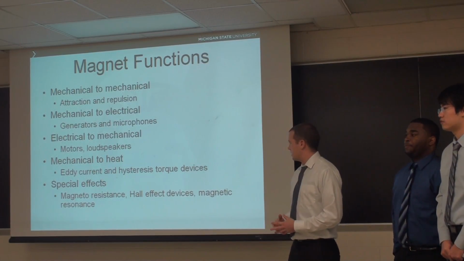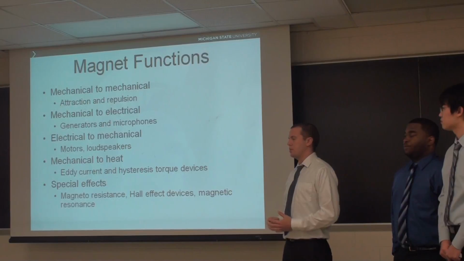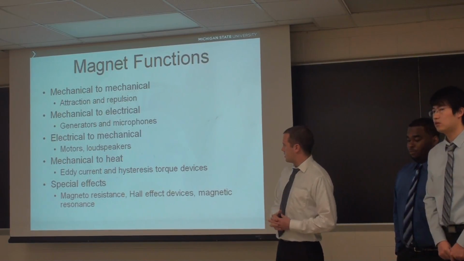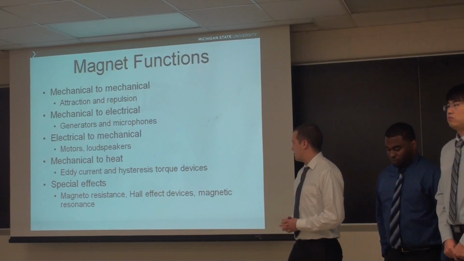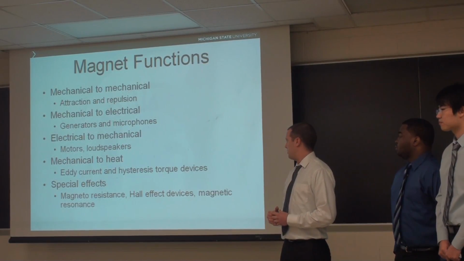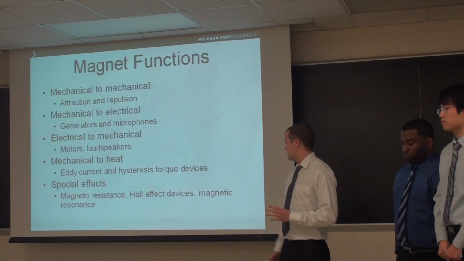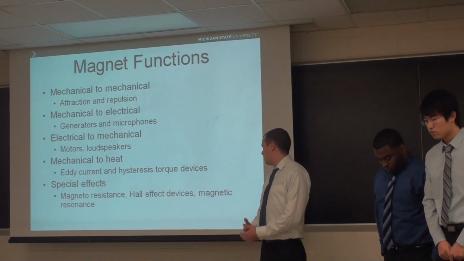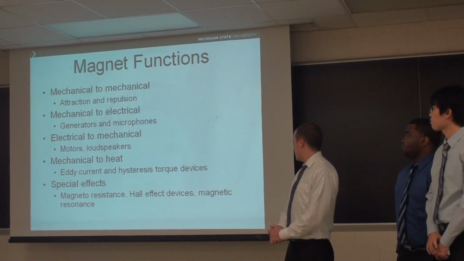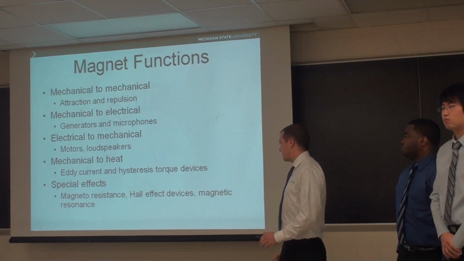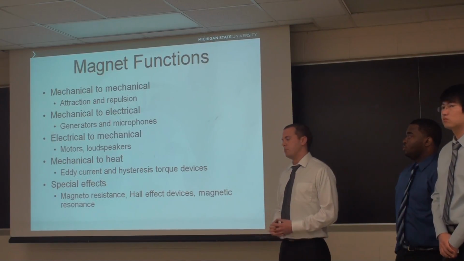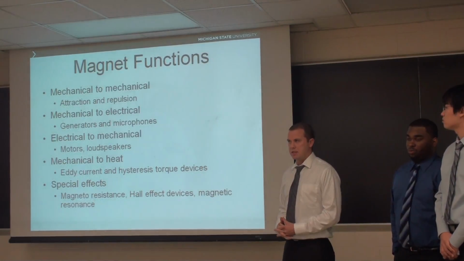Hysteresis, torque devices, brakes, some types of brakes and things like that. And then special effects that can be seen from magnets: magnetoresistance, different resistances created by magnets, Hall effect devices, so induced voltage, and magnetic resonance, which of course is radiation. Those can be used in various types of devices.